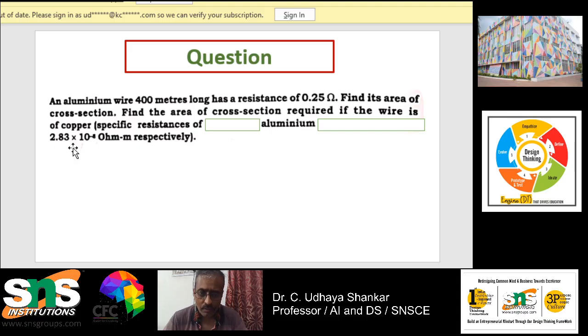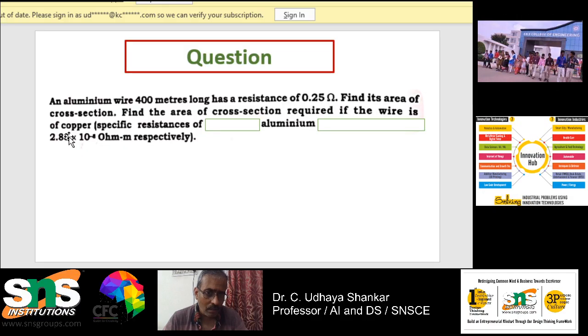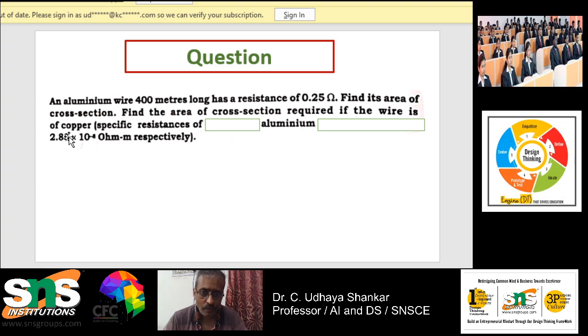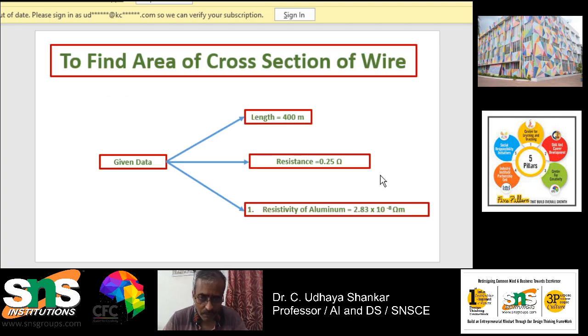If it is not given in the problem, we have to check the data sheet book. The length of the aluminum wire is given as 400 meters and its resistance has been given, and we want to find the area of cross section required. So again, I will just repeat.